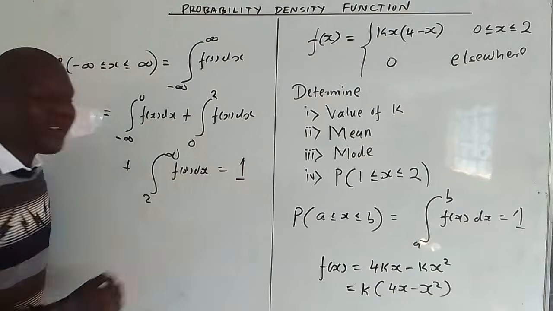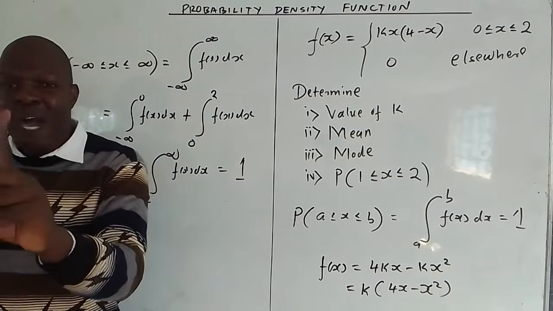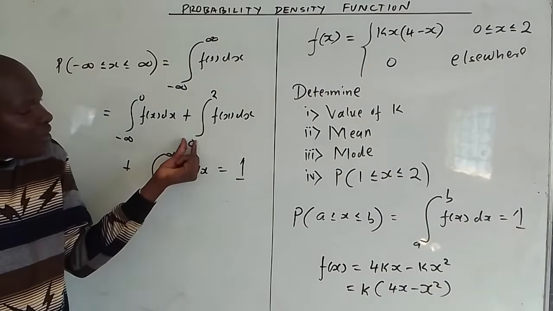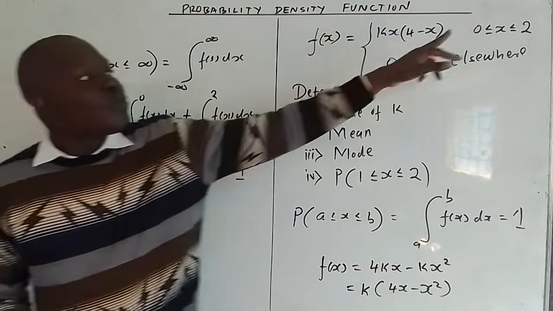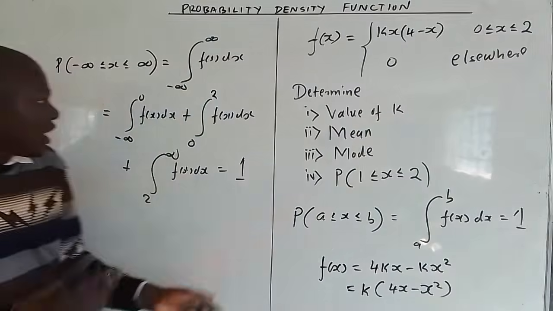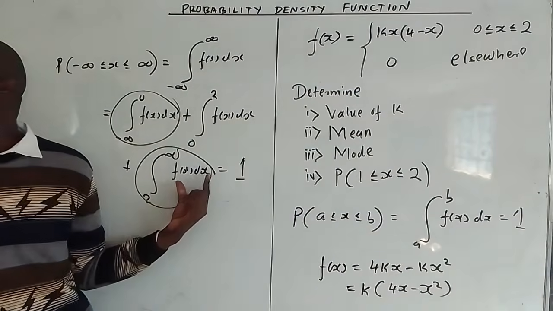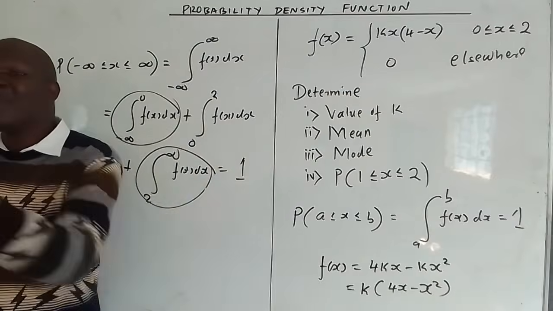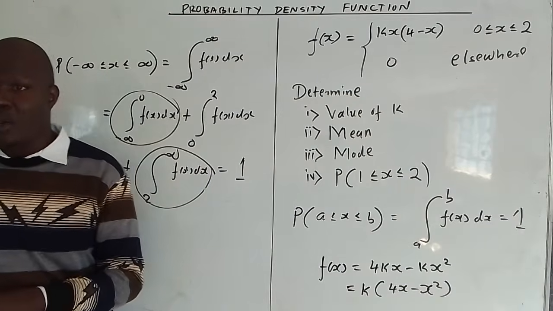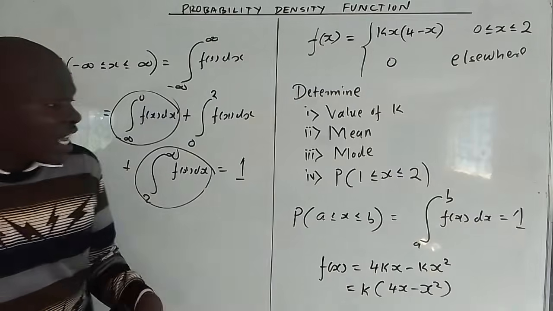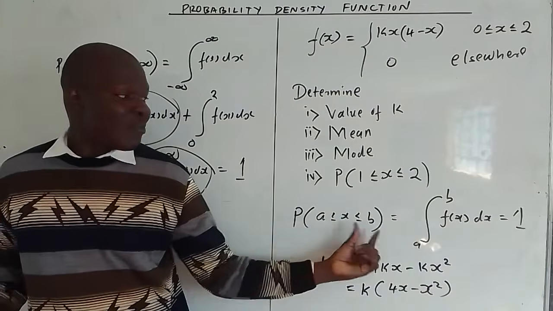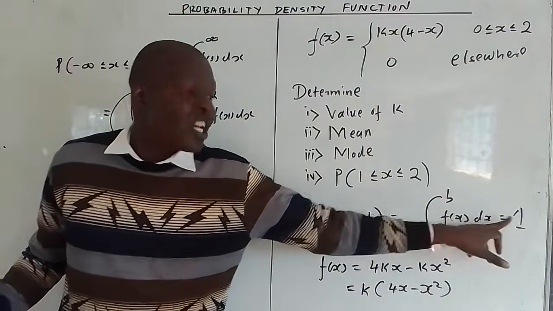And the whole range of that probability measure is 1. The parts outside 0 to 2 are 0 elsewhere, so if you work them out with the definition, you get 0. So only the range 0 to 2 is equal to 1. Are you seeing what that means? That is why I'm saying that when you integrate the whole range of f of x for x in the interval, you get 1.